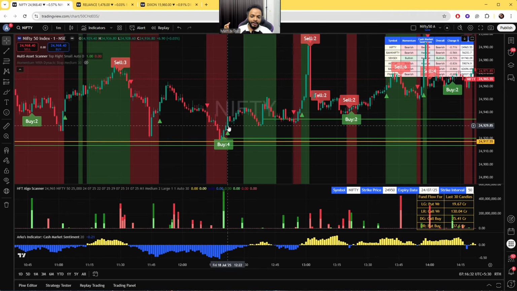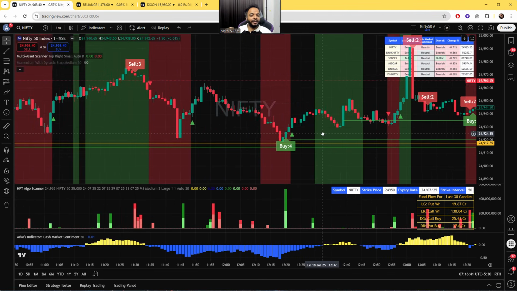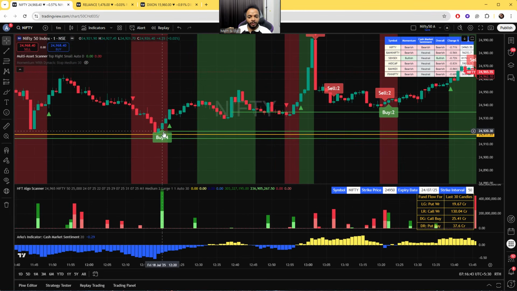Let's say from the next candle it goes against me and comes down. Then my strategy would be that if it goes below the candle where it got the buy signal, I'll immediately close.